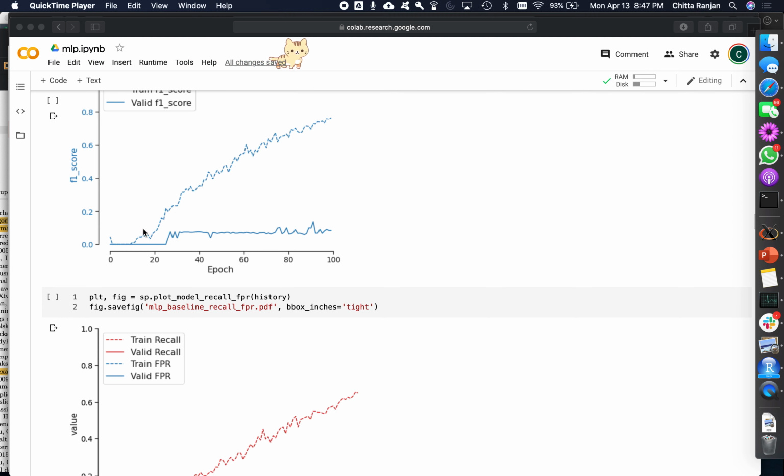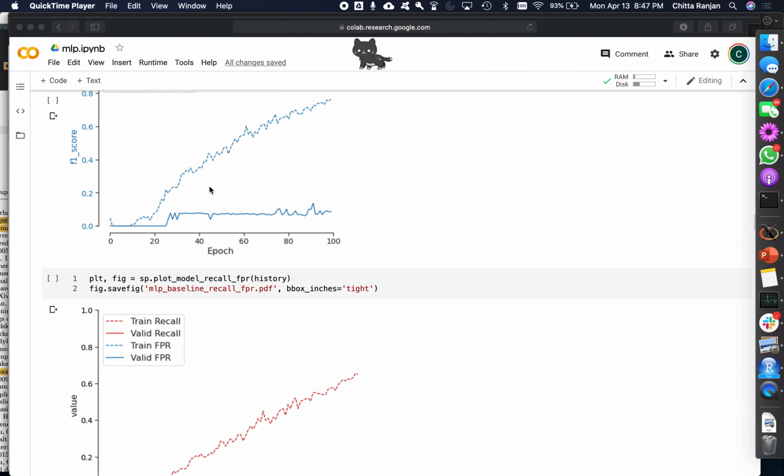For example, here, the training set has a very high F1 score as compared to the validation set. And this is misleading information if you rely on it. We do not want to look at training set accuracies to make any judgment on the efficacy of the model. Be very careful about it.